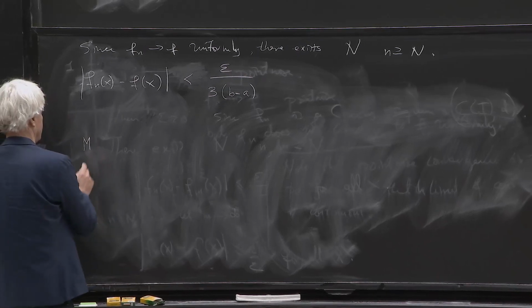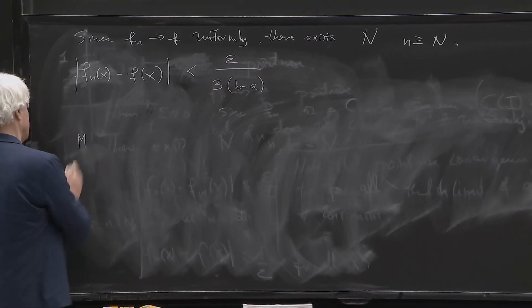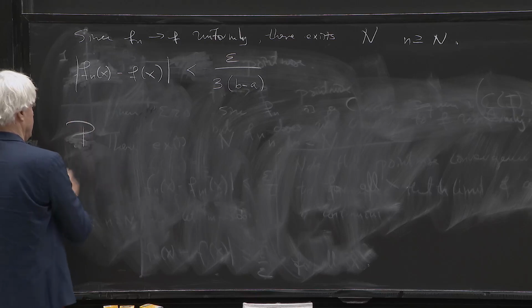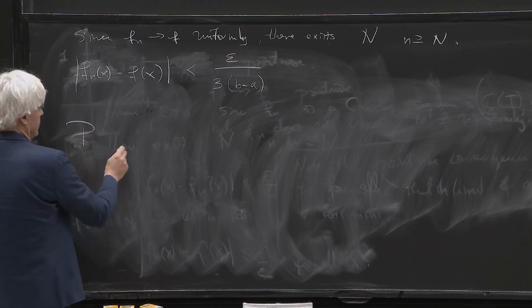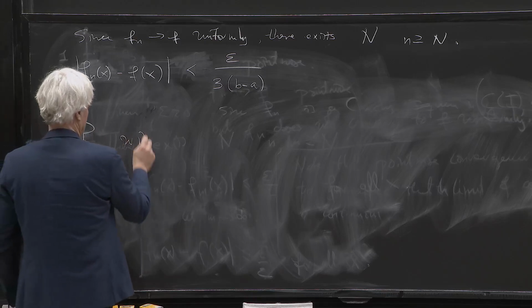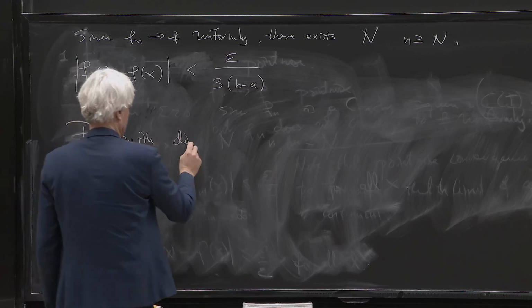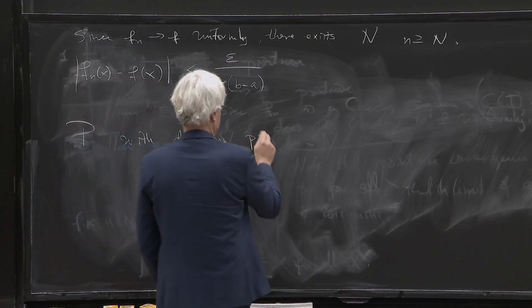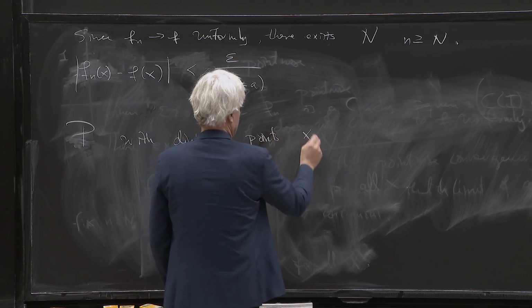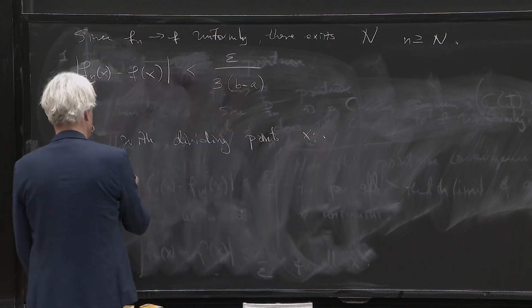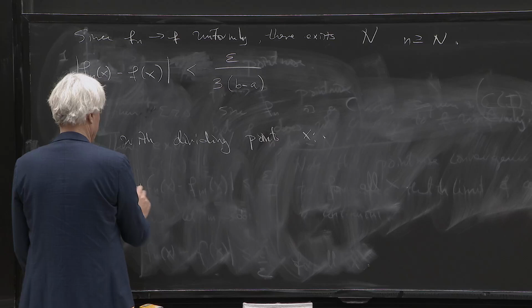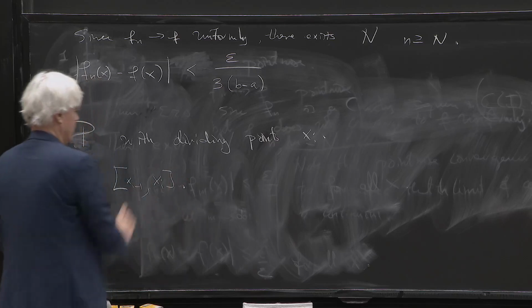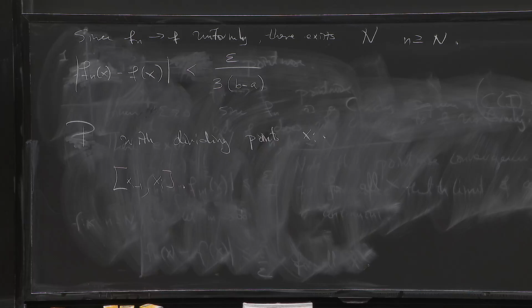So remember when we had the partition, we had the dividing points xi, so we were looking at these small intervals from x_{i-1} to x_i, and we're looking at the sup of the function.